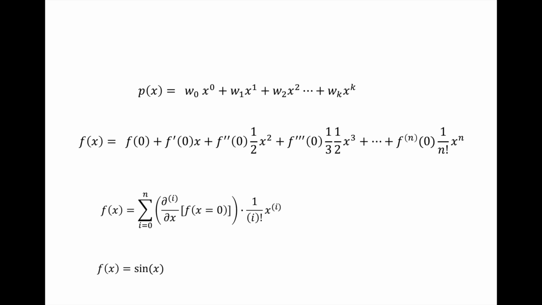So if it's the 0th term, the 0th derivative is nothing more than the function. The first derivative, you take the first derivative. Second derivative, you take the derivative twice. Third derivative, you take the derivative 3 times. And when you get that derivative, you then plug in 0, evaluate that derivative at 0, and that's another constant. So you multiply those two constants together, and that's your w for this Maclaurin polynomial.